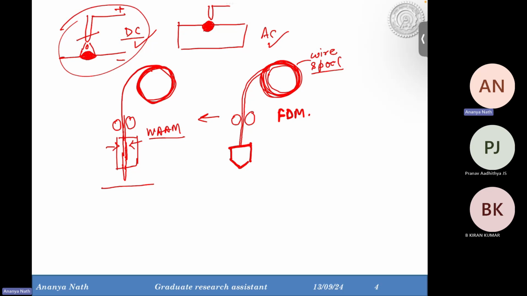Now, if I talk about the process parameters of WAAM, as you have watched the videos, can you name the process parameters for me so that we can discuss them and how we can affect the build quality by optimizing the process parameters?